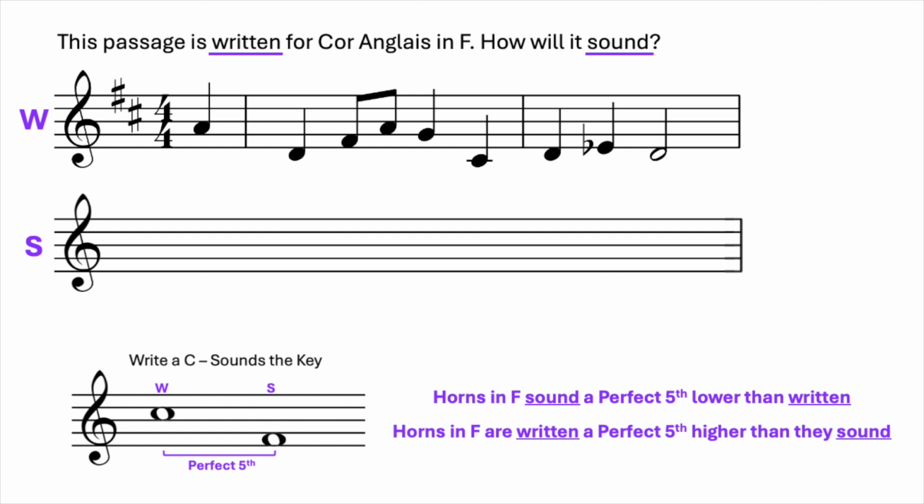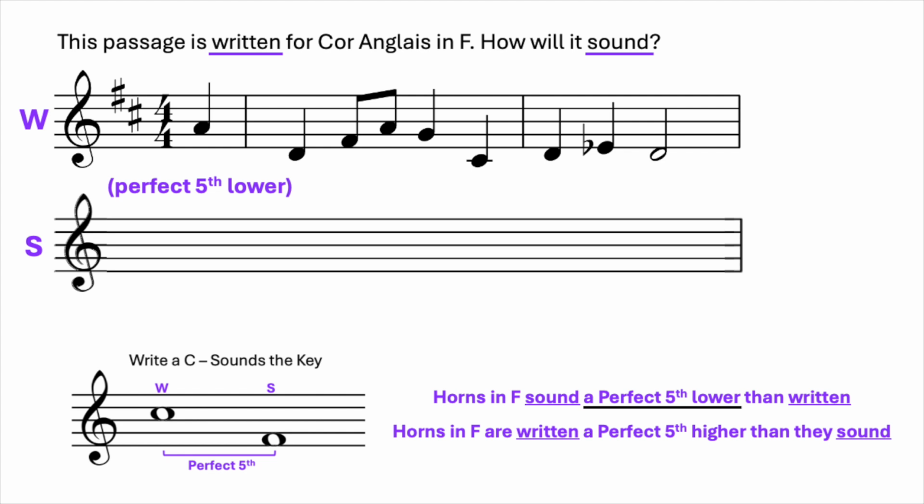Now we know that we need to move from the written to the sounding pitch, and from our working out that we would have done on a rough piece of paper, we can see that the horns in F sound a perfect fifth lower than written. So I'm going to place a little reminder for myself here that I need to transpose this passage down a perfect fifth. All of these little bits that I've added in purple are really essential.